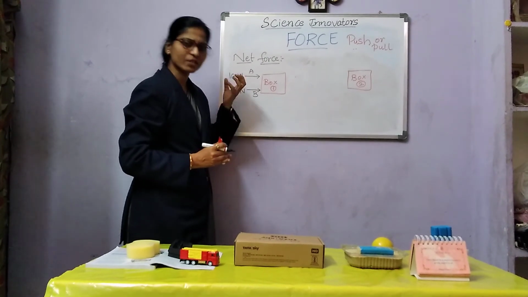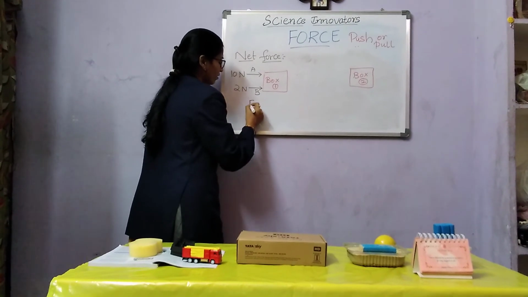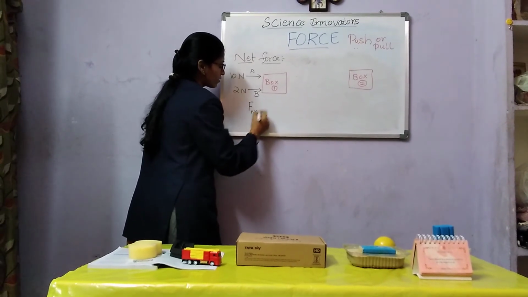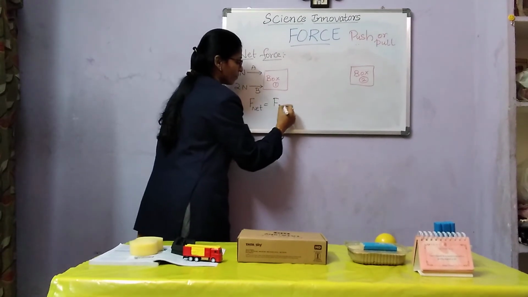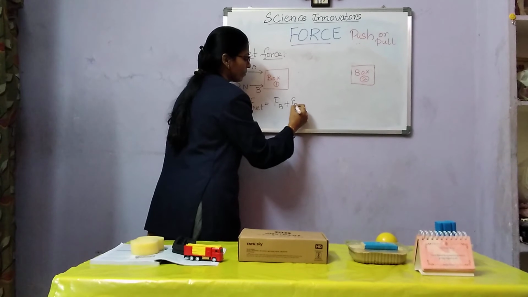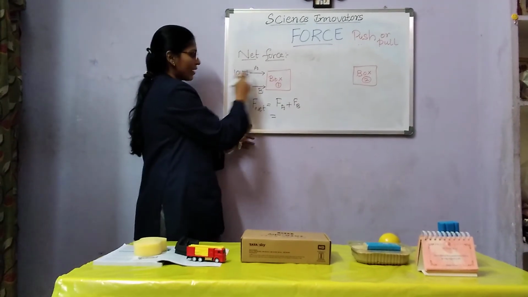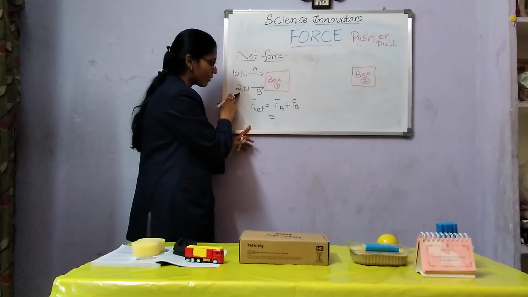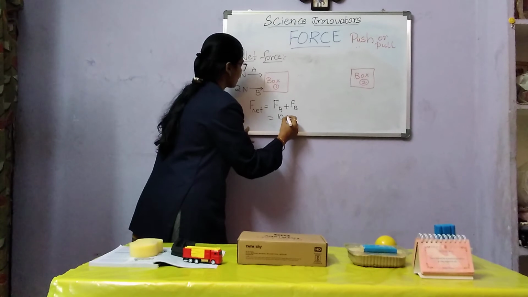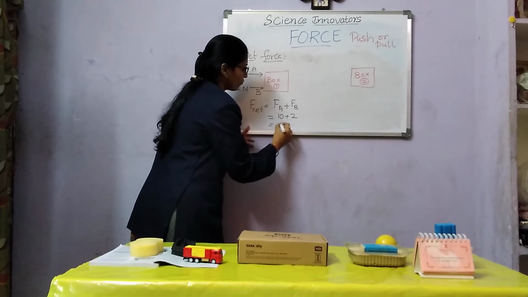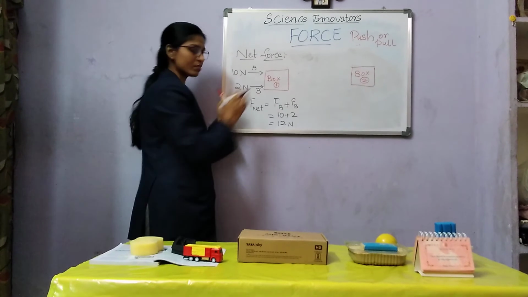Net force is nothing but the total force. So net force is equal to the force applied by A plus the force applied by B. Here, 10 plus 2, so the net force on box 1 is 12 newtons.